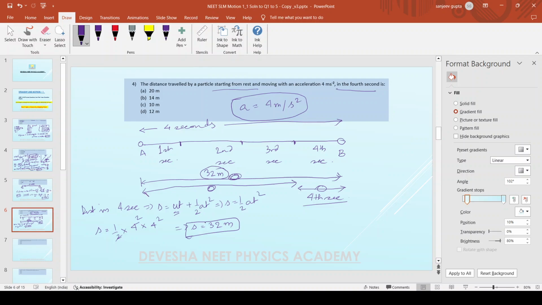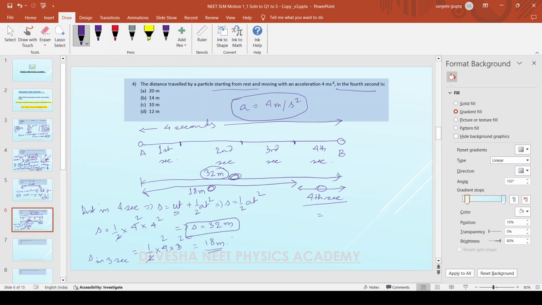The second thing is that we need to identify how much it travels in 3 seconds, right? Similarly, we will apply the same formula here. So S in 3 seconds is equal to half into 4 into 3 square. This gets cut here, so 2 into 9 is equal to 18 meters. This is the distance traveled in 3 seconds, which is 18 meters. Then what is the distance traveled in the 4th second?